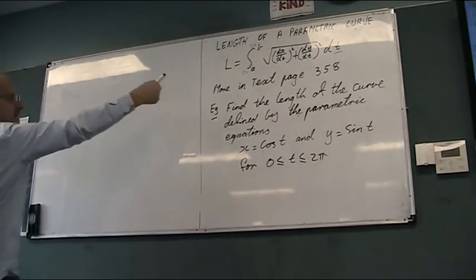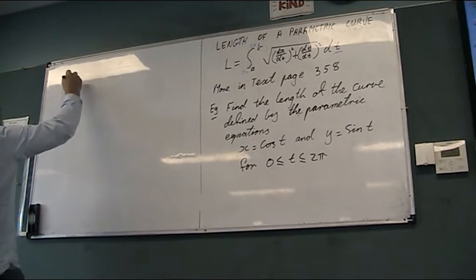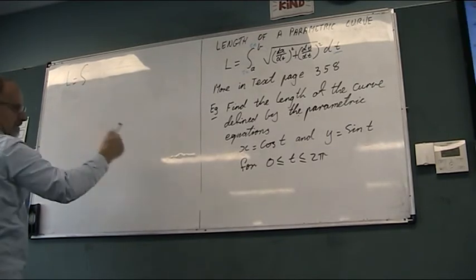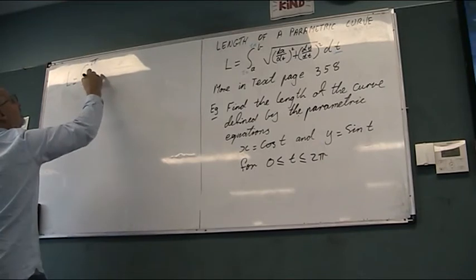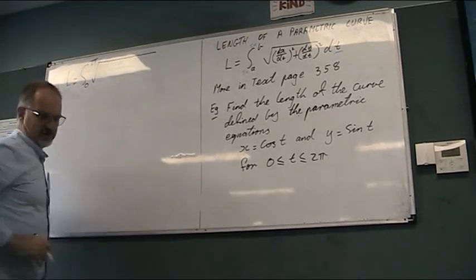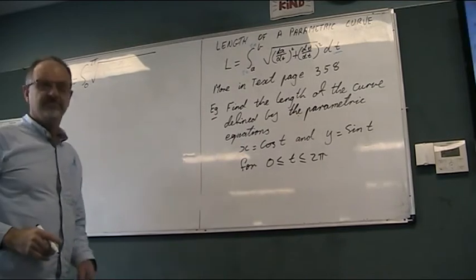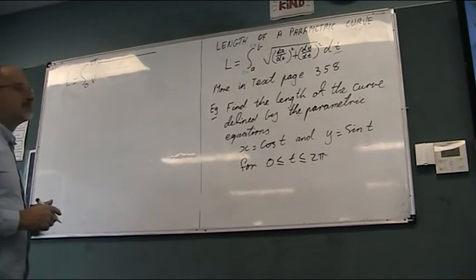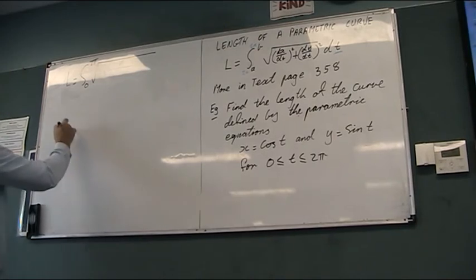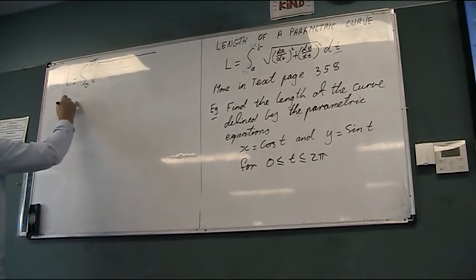So the formula, there it is, L equals. So we've gone from 0 to 2 pi for t, square root of. All right, dx/dt, I probably should have done those first before I wrote that up, shouldn't I? So what is dx/dt?